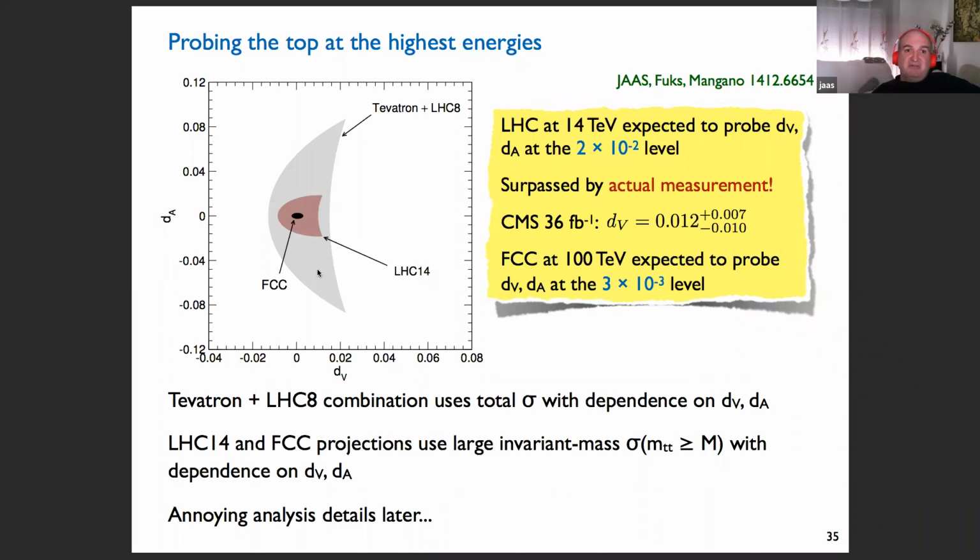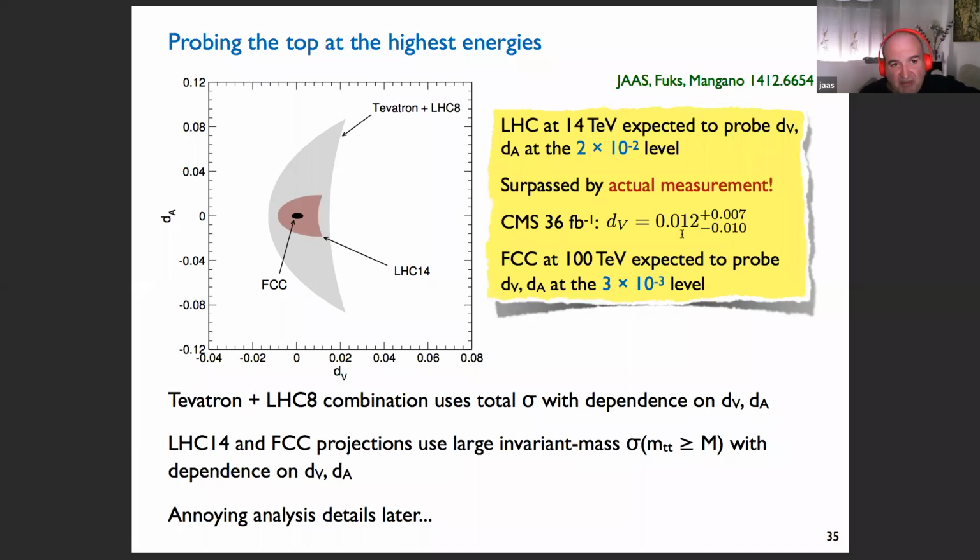Well, our projection 7 years ago has been exceeded by the measurement by CMS. We expected 2 times 10 to minus 2 precision, and they already have 10 to minus 2 precision with the first bunch of run 2 data, which is quite good.